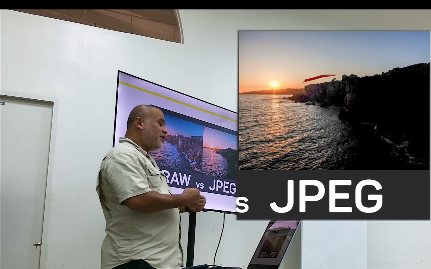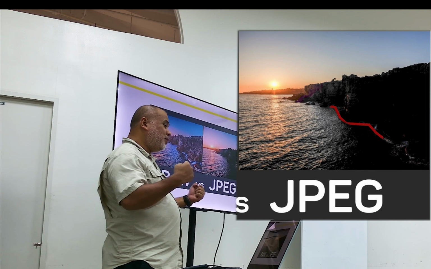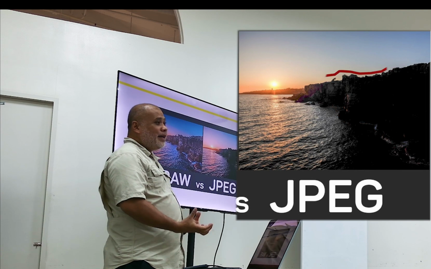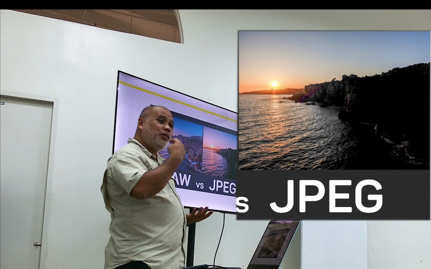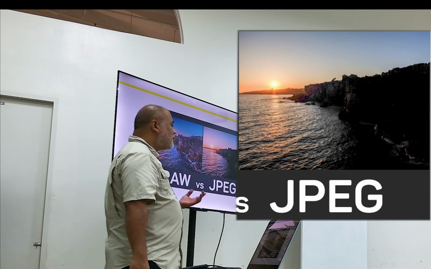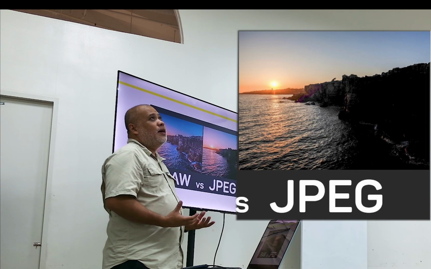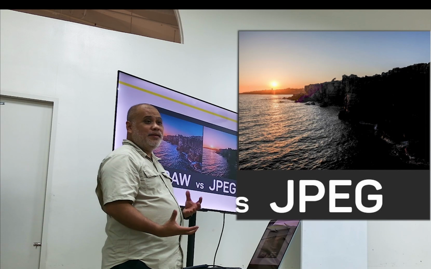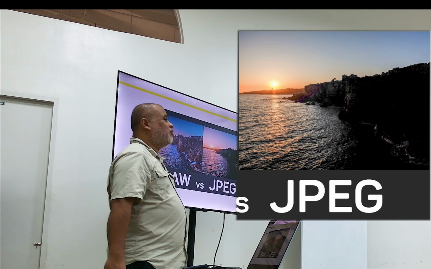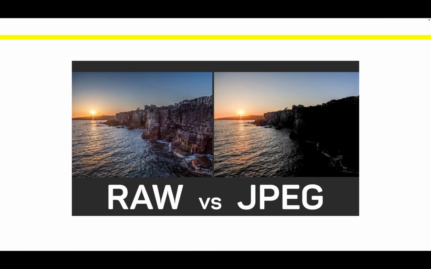Because you cannot stretch JPEG. JPEG is supposed to be designed to be light, easy to communicate, easy to put in email, easy to put on website. It's not designed to be processed. It's not designed to be edited. JPEG is supposed to be straightforward. Okay? So that's the major difference between RAW and JPEG.